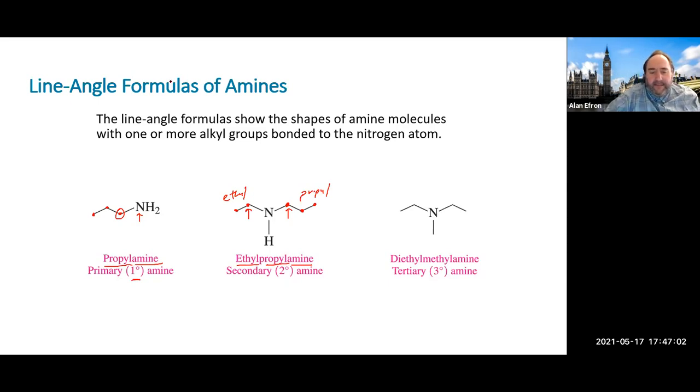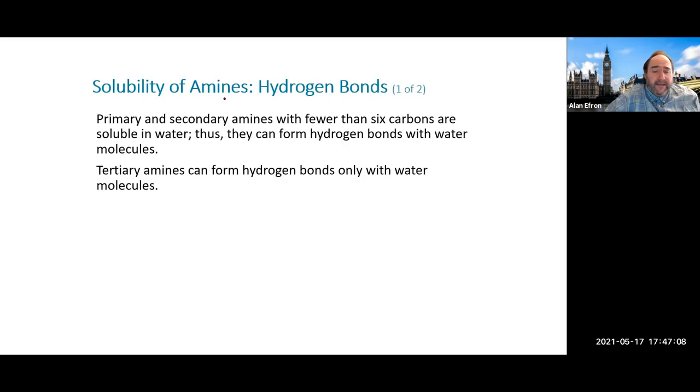Now, amines, because they are derivatives of ammonia, and ammonia is a polar molecule, have that nitrogen and hydrogen. It has the ability to really form hydrogen bonds. Remember, what you need for hydrogen bonding is a bond between hydrogen and nitrogen, oxygen, or fluorine. So with amines, we have a bond between nitrogen and hydrogen.